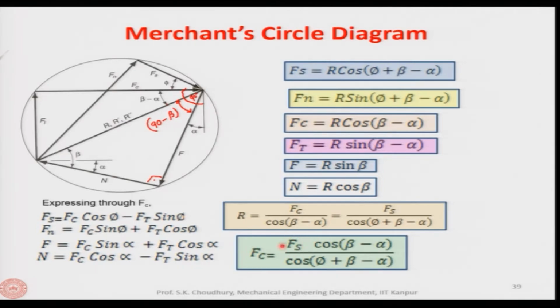Now, Fs is very difficult to find out, because we can measure the forces during the machining process, and through the measurement we can measure only the Fc and the Ft.